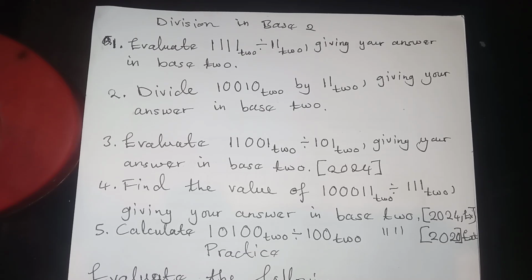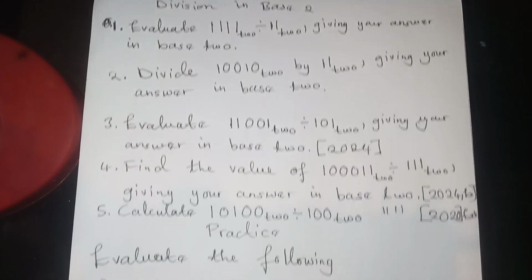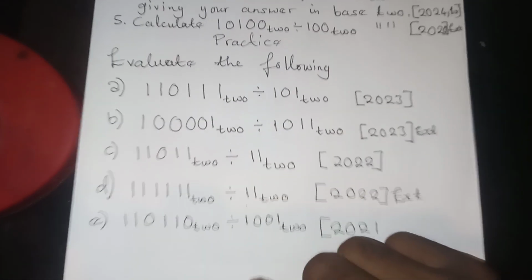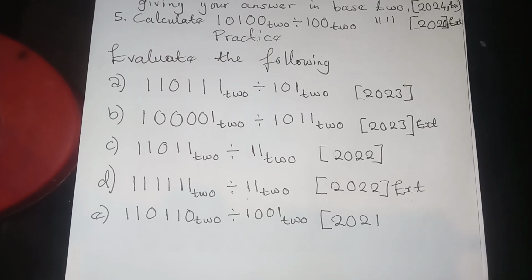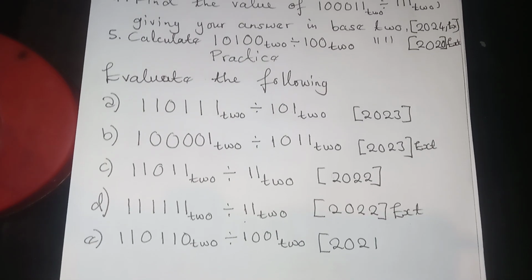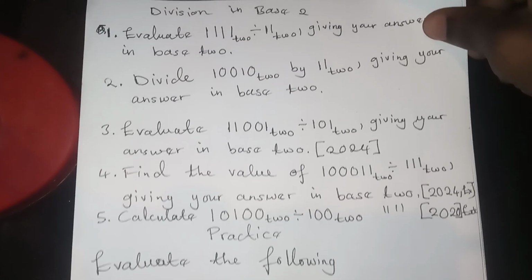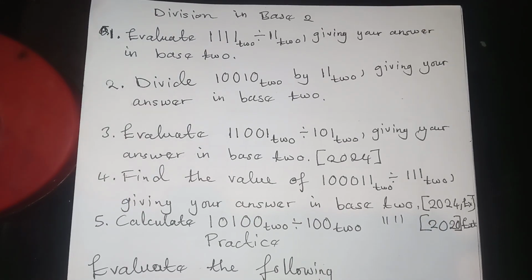Okay, so we have several methods of solving problems like these, but I think the easiest method from my little experience is long division. Yeah, you can convert the numbers to base 10 and then you divide and then you convert the numbers back to base 2.